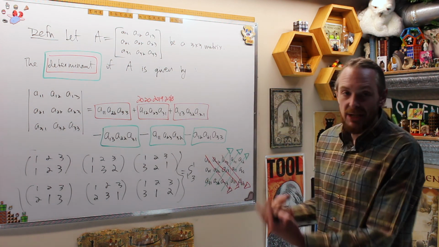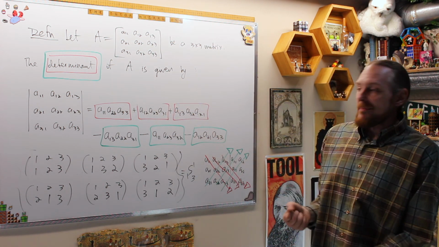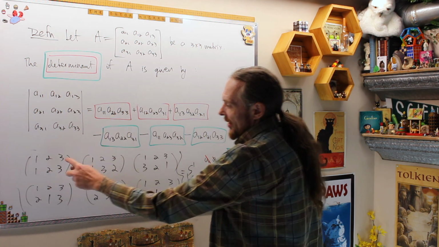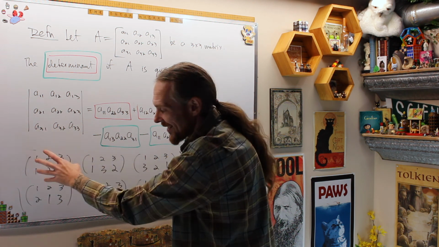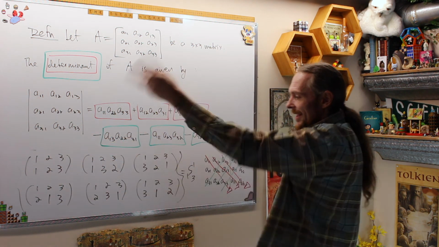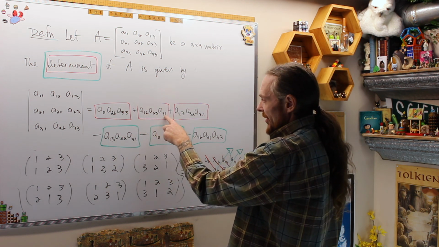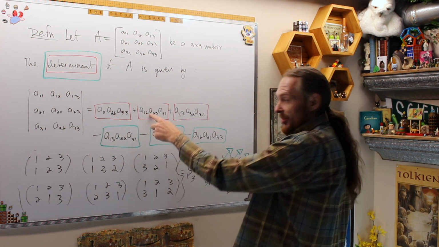Now you can match each one of these with the terms. 1 went to 1, 2 went to 2, and 3 went to 3, and because it was plus, the identity is always an even permutation. Next, 1 went to 2, 2 went to 3, and 3 went to 1. So that is this permutation right here.